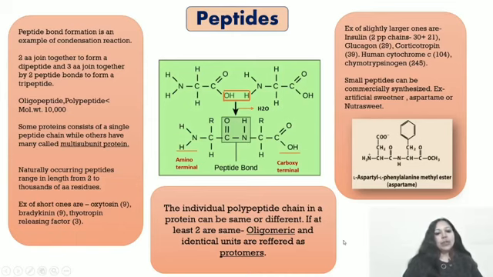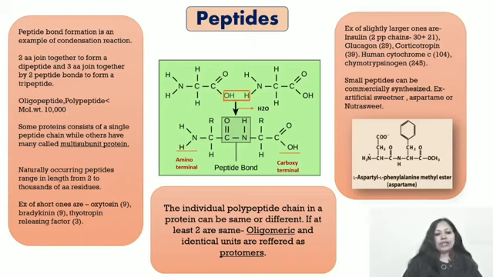The individual polypeptide chains in a protein can be the same or different. If at least 2 chains are the same, they are said to be oligomeric, and the identical units are referred to as protomers. So naturally occurring peptides are 2 to thousands of amino acid residues long.